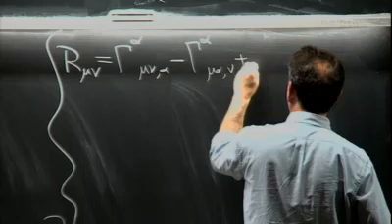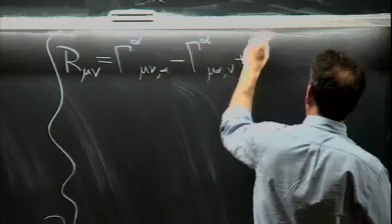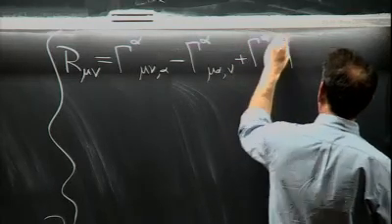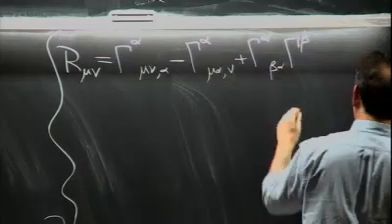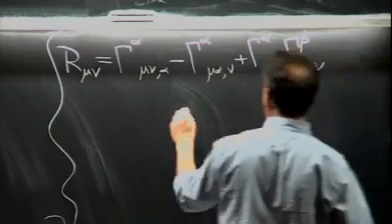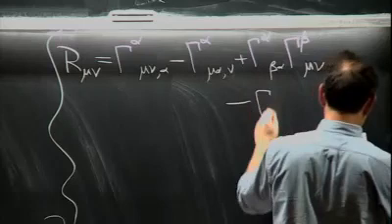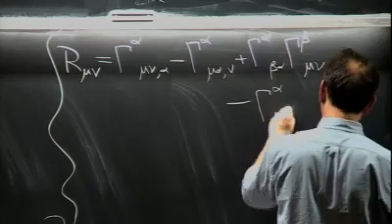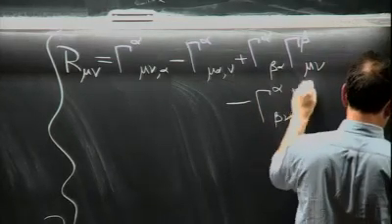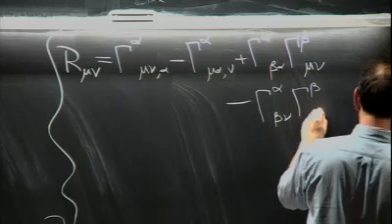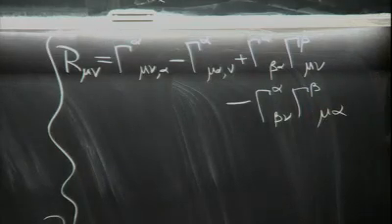Those are the first two terms. Then there are two more terms: plus Gamma^alpha_{alpha beta} Gamma^beta_{mu nu}, and then minus Gamma^alpha_{beta nu} Gamma^beta_{mu alpha}. You know that. This is called the Ricci tensor.